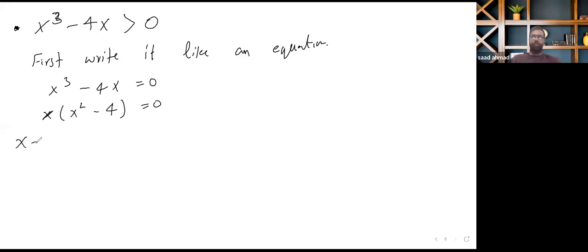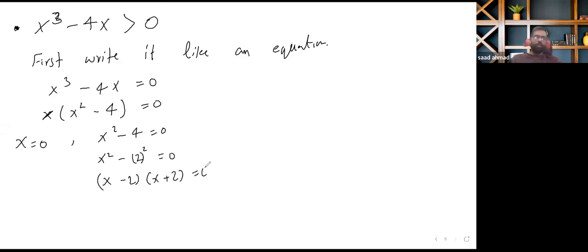We can write x equals 0 and x squared minus 4 equals 0. x squared minus 4, we can write as x squared minus 2 squared. So then x minus 2, x plus 2, using the square property. So now we get x equals 2, again applying the zero property, x equals minus 2 and x equals 0. So we got these three numbers.